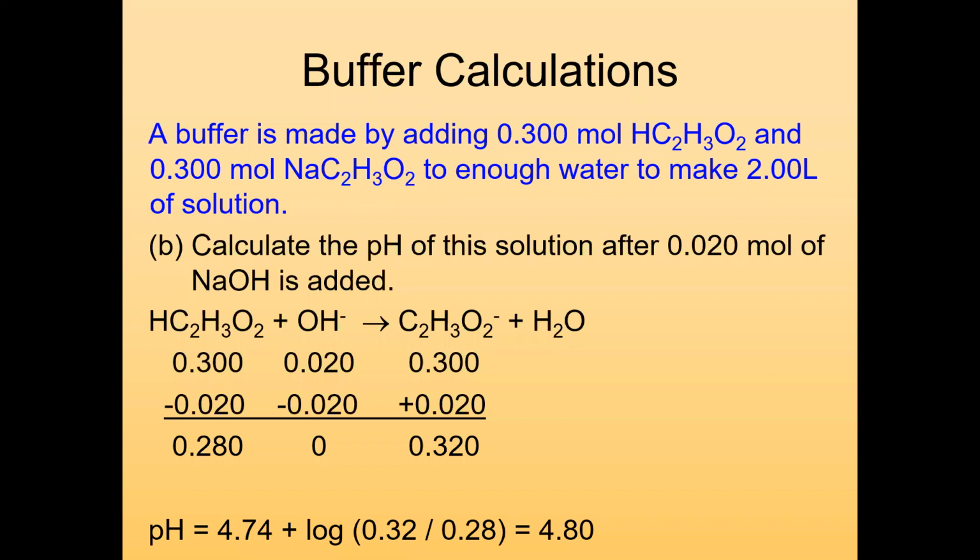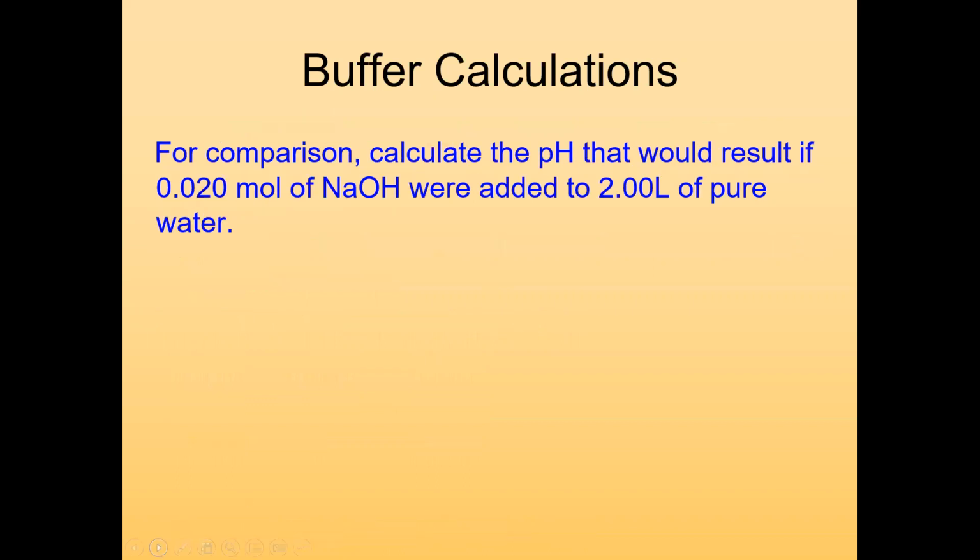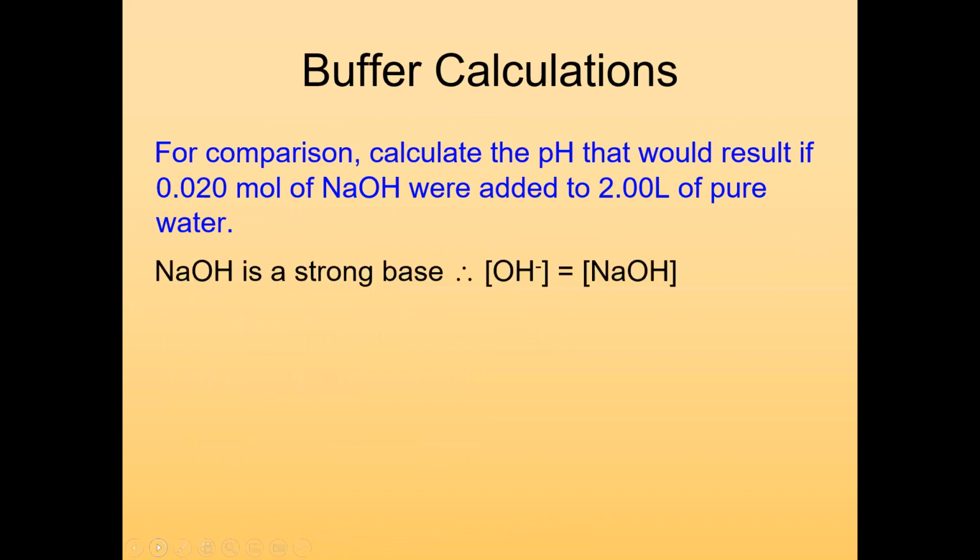All right, so let's look at what happens if we were to add that same amount to pure water instead of the buffer. If we added 0.02 moles to the same volume of pure water, the 2 liters of pure water, remember the concentration of hydroxide is equal to the concentration of sodium hydroxide, which is moles over liters.